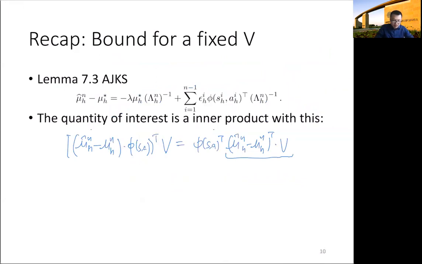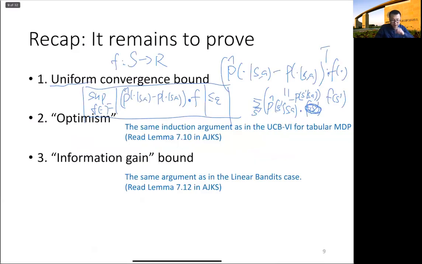Okay, and let's further construct the concrete estimator for this p hat in this instance that we're dealing with in linear MDP. So we construct this p hat, not as an arbitrary estimator, but rather as mu hat inner product with phi(s,a), and the phi(s,a) part of it is known, right?